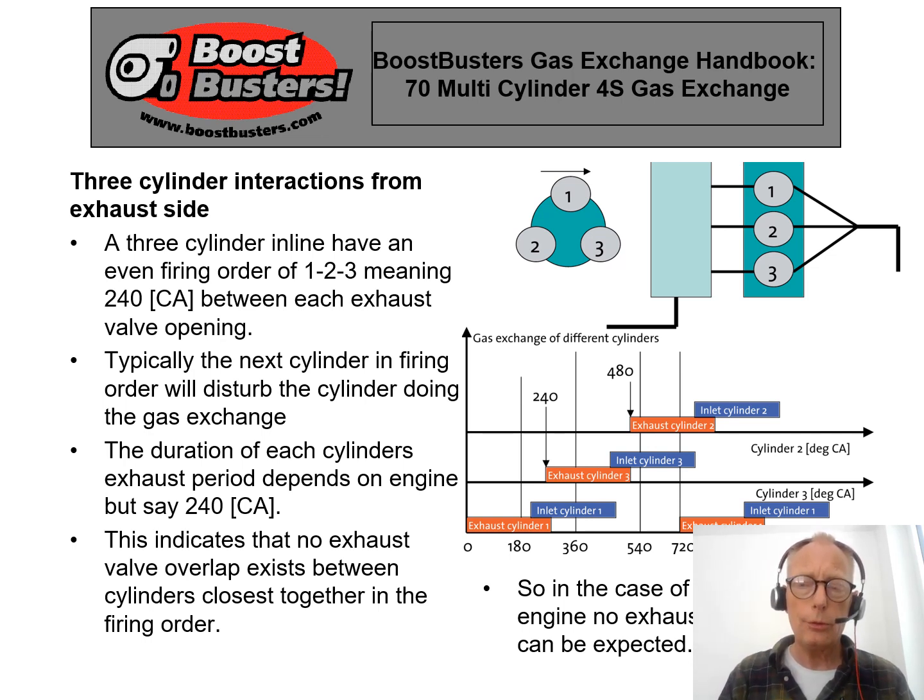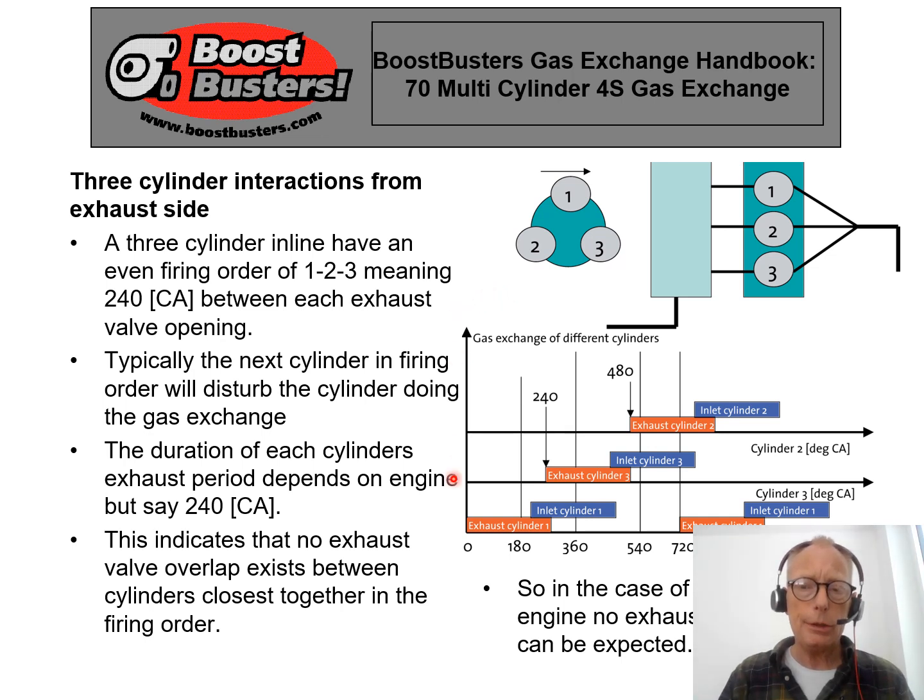So in order to show that, first we have the picture of the 3-cylinder inline engine, and the firing order could be different on different engines, but in this case we fire cylinder 1, we fire cylinder 3, and we fire cylinder 2.